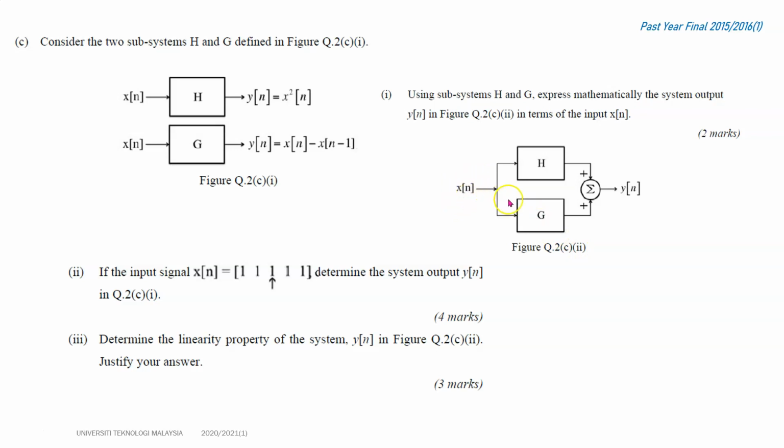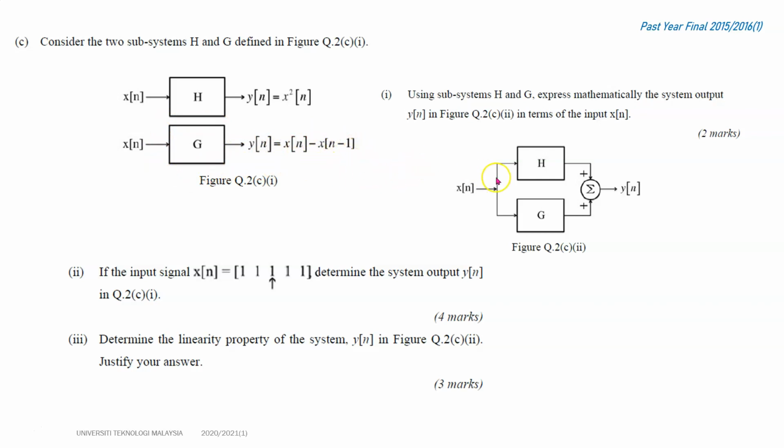So now you have to understand there are two systems here. First, it is given Sn, which goes to system H and produces x squared n, and another Sn which goes to system G and produces Sn minus S1.